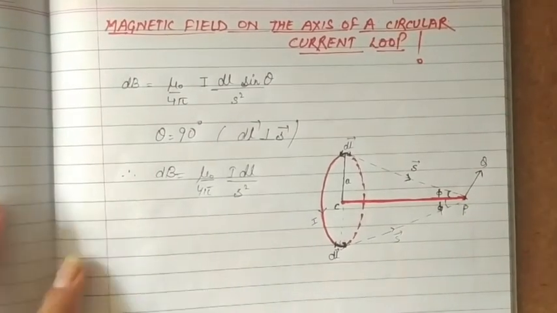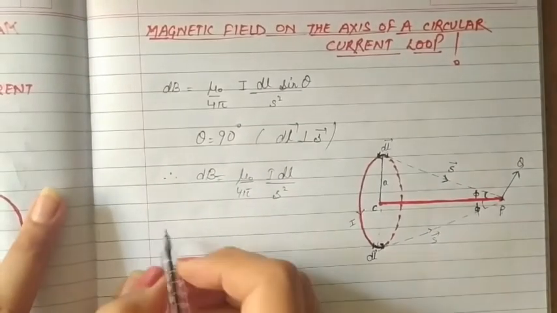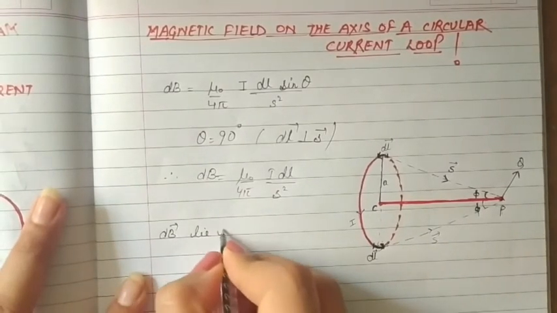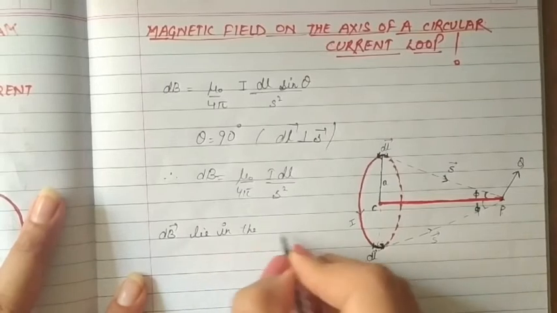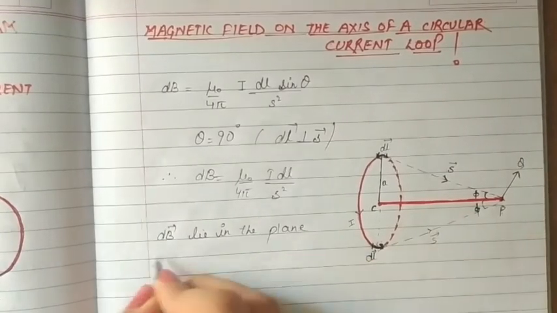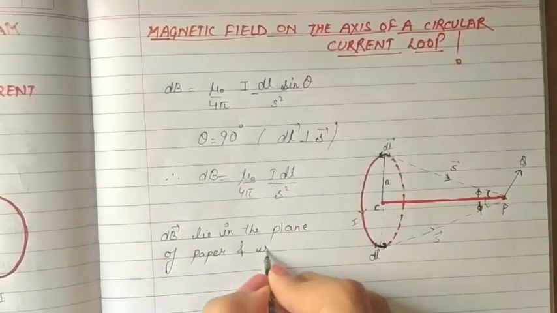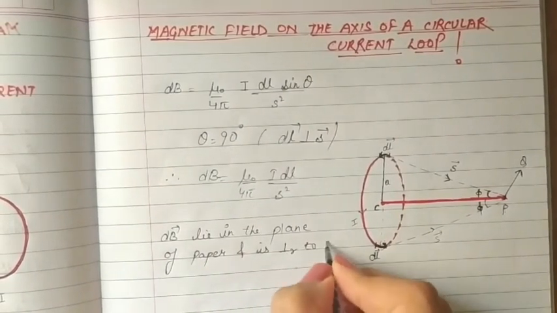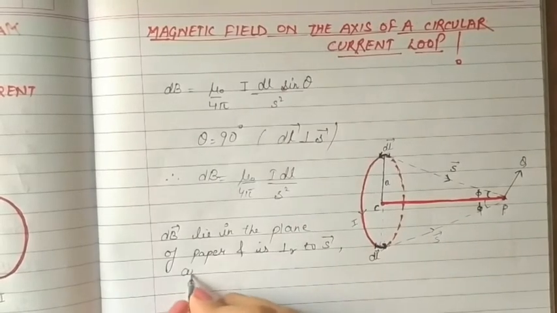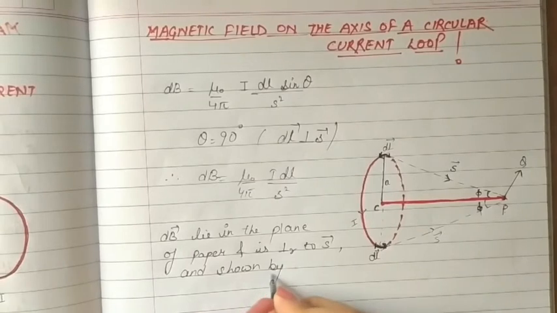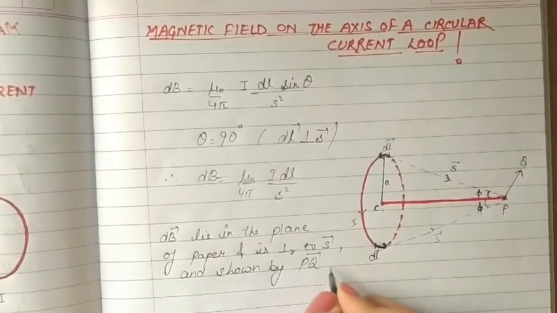So the point is that the field dB vector will lie in the plane of paper and is perpendicular to s vector, and shown by PQ vector.